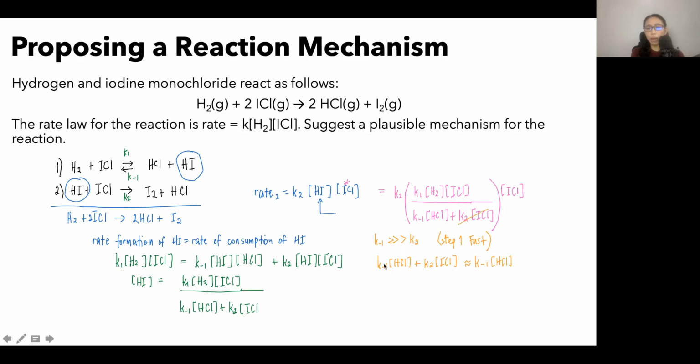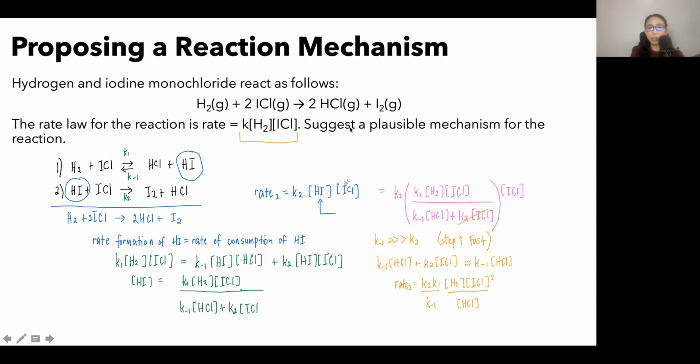So what do we have? What will our rate law look like? We have rate 2 equals k2 times k1 over k negative 1 times H2 times ICl squared over HCl. It doesn't look like the experimental one.